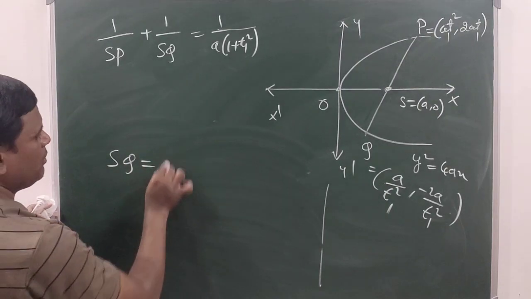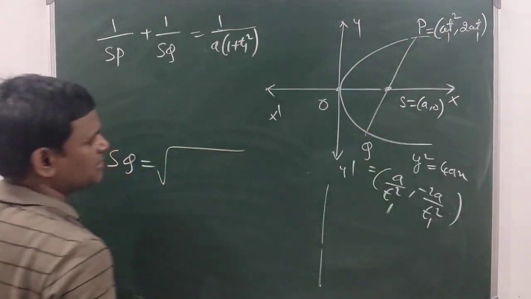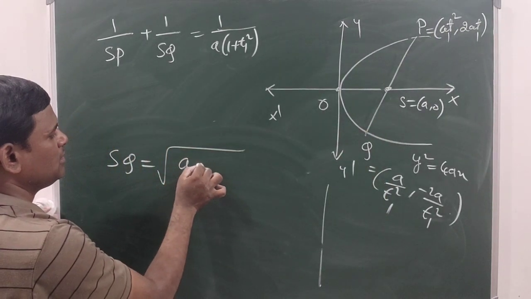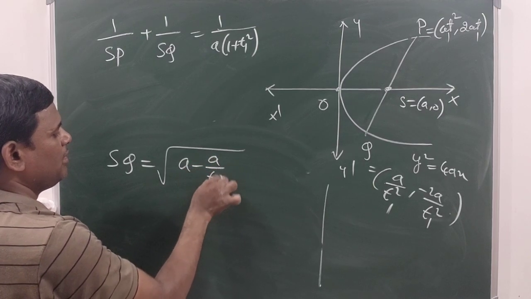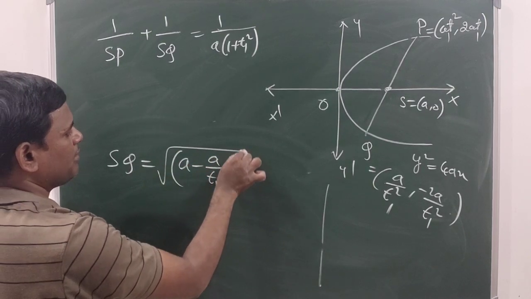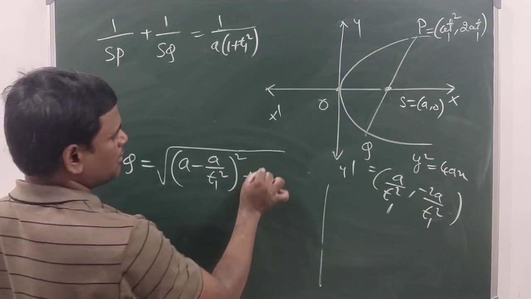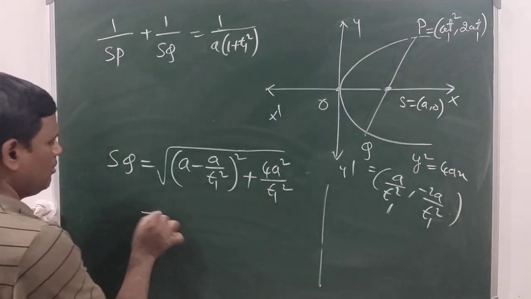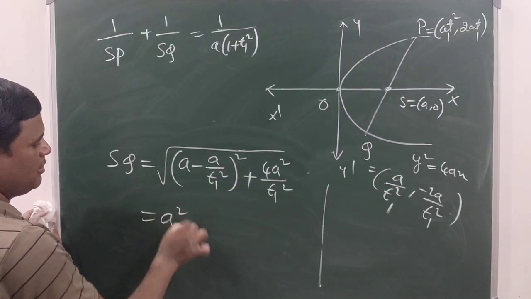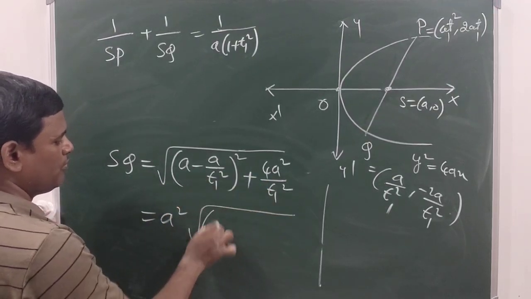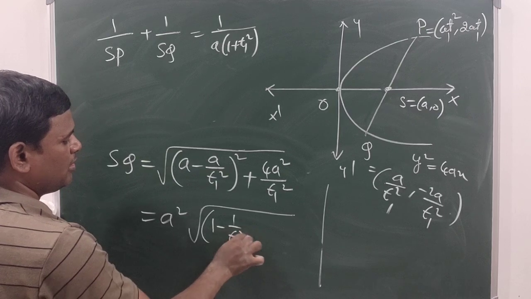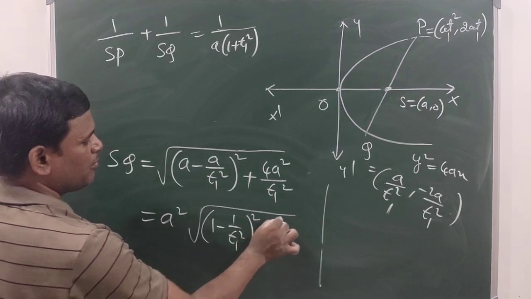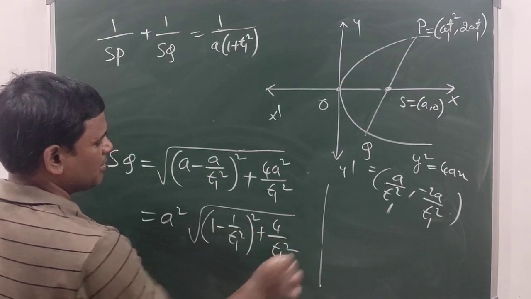Square root of, take the difference of this: A minus A by T1 square, whole square, plus 4A square T1 square. Now take A square outside: square root of 1 minus 1 by T1 square whole square plus 4 by T1 square.